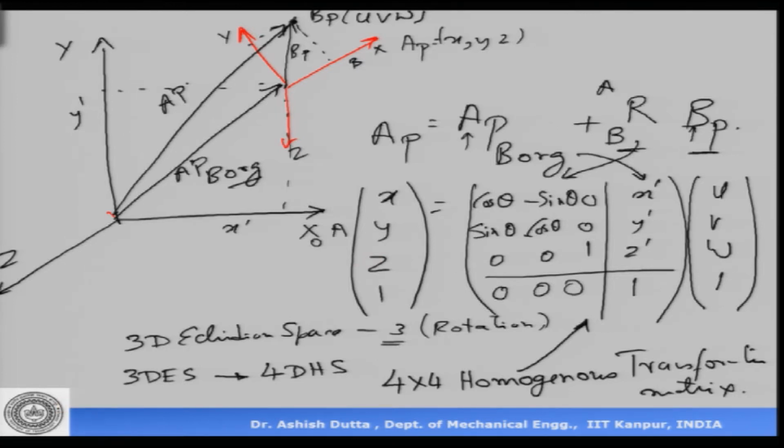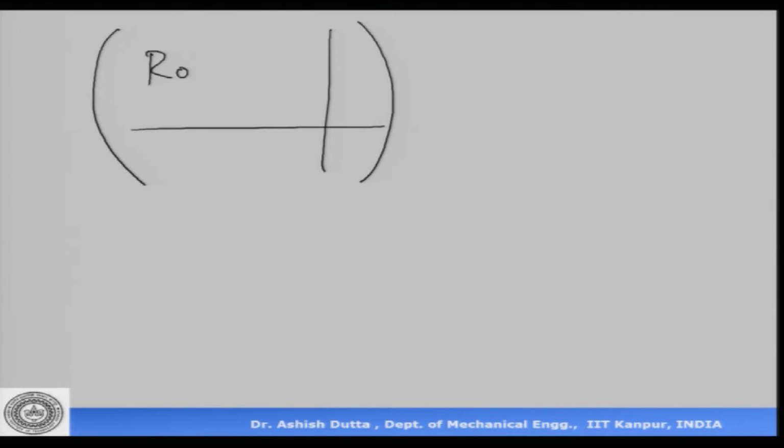Now, this 4 by 4 matrix has names. Essentially it is of this structure. This part is called the rotation part, which is 3 by 3. The rotation matrix, in most cases, is a rotation about the z axis.